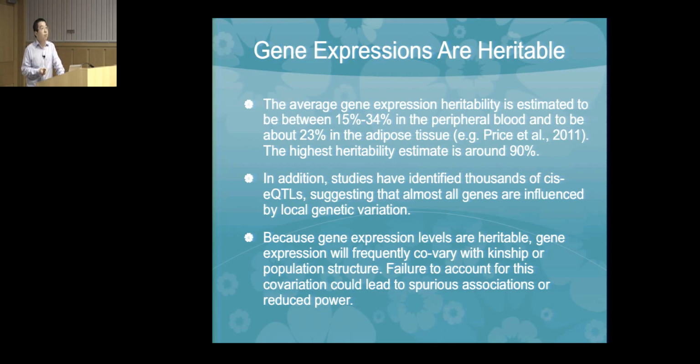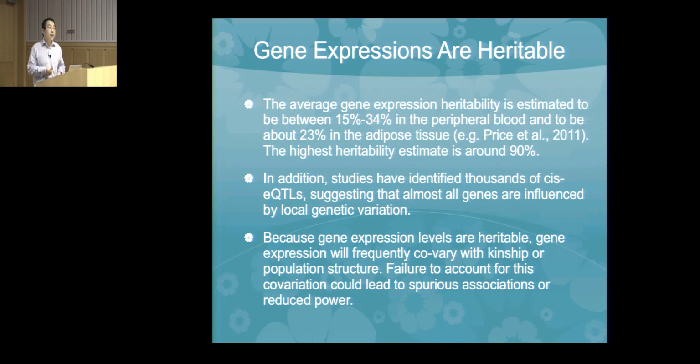And because gene expression levels are heritable, gene expression will typically co-vary with kinship or population structure. If you collect a data set that contains related individuals, because these individuals are genetically related and gene expression levels are heritable, those genetically related individuals will also have similar gene expression levels. So genetic relatedness will cause this similarity in gene expression levels.